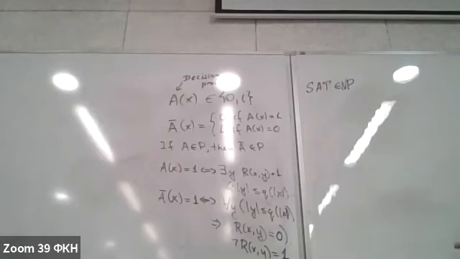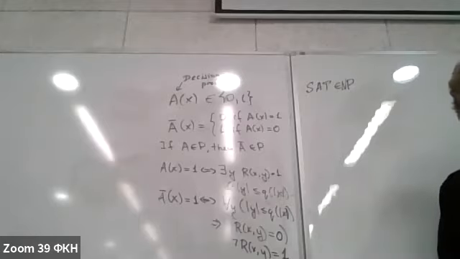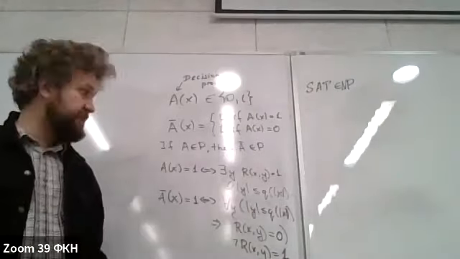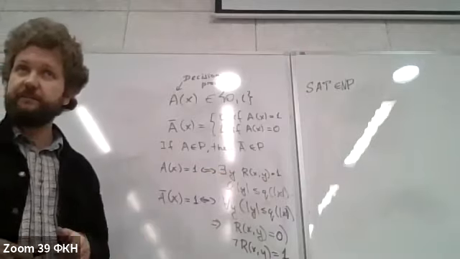So if the formula is satisfiable, the angel will give you the satisfying assignment and say, okay, use this and you will be fine. If the formula is not satisfiable, of course, the angel will not be able to give you a satisfying assignment. The angel will give you something, but you will fail. So if you fail, it's not because the angel gave you a bad hint, it's because there's no good hint. The existential quantifier is falsified.